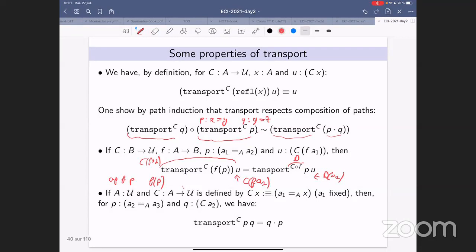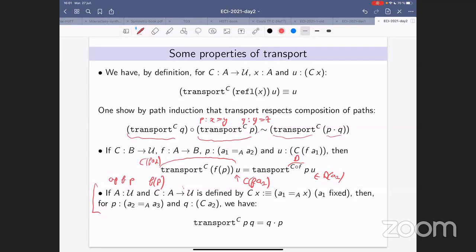Now here is a very interesting property that we will need later. Quite often we take families of types which are themselves equality types. This trick will happen quite often.